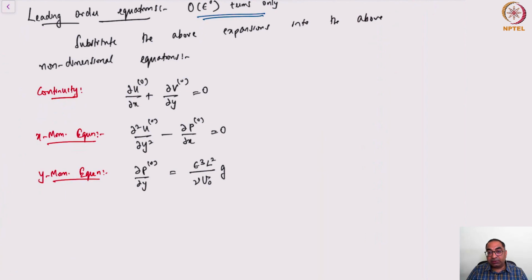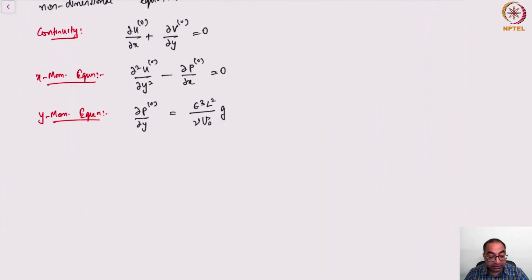Till I know the value of that quantity, I cannot straight away say that it is very small. But even if it was very, very small, you will see that it does not matter to the analysis, because what matters for the x momentum equation is the pressure gradient in the horizontal direction. So this will not eventually matter in any case, but let's retain it for the sake of accuracy.